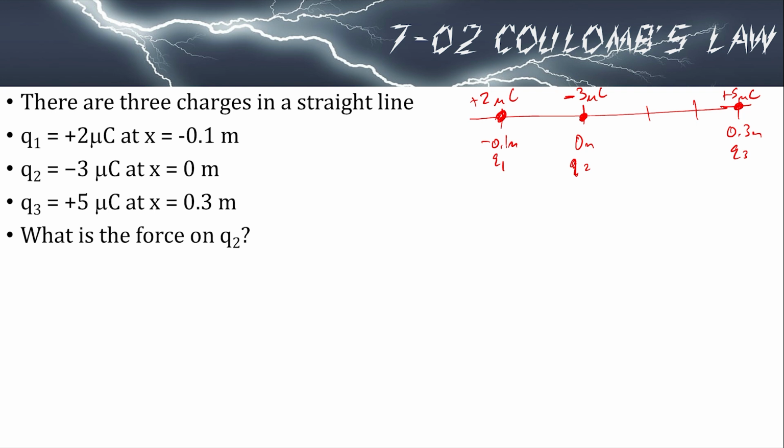So let's look at just the force of 1 on 2. Of course that's k Q q over r squared. k is 8.99 times 10 to the 9.